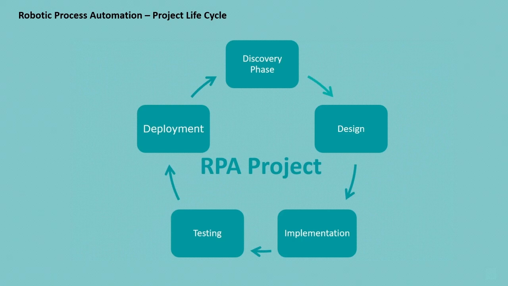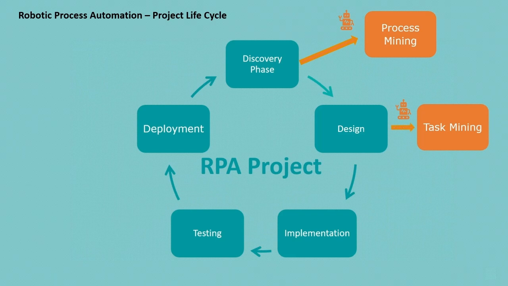In order to minimize this human effort, we can automate the discovery phase using the process mining tools. Similarly, the design phase can be automated using the task mining tools. There are various process mining and task mining tools available in the market like Celonis, Pegasystems process mining software, UiPath process mining, IBM process mining, Automation Anywhere Discovery Bot, which is used for task mining, and many others.